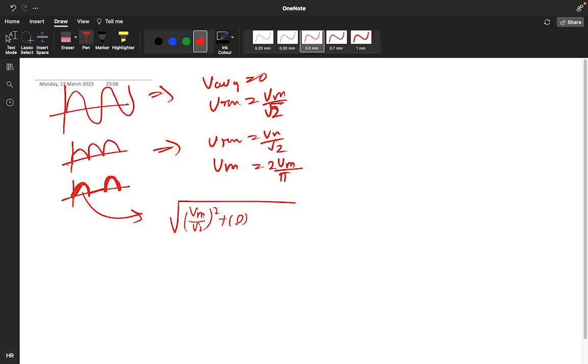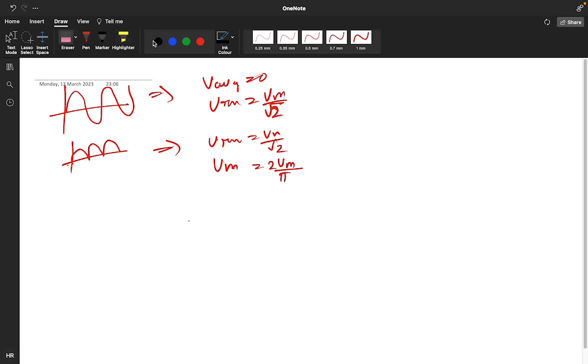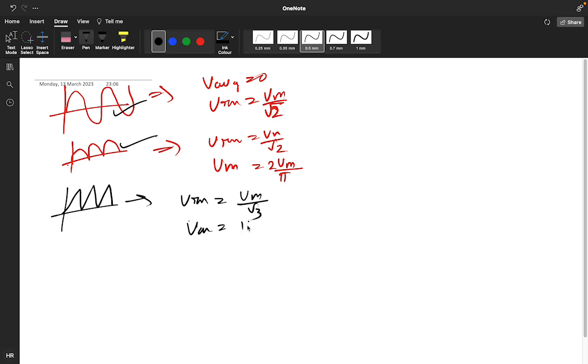Plus 0 into the overall time period, that is T. Right now just take it up to this part: the RMS value of this signal, and the RMS value of the triangular signal. Vrms is Vm by root 3 and V average will be Vm by 2.